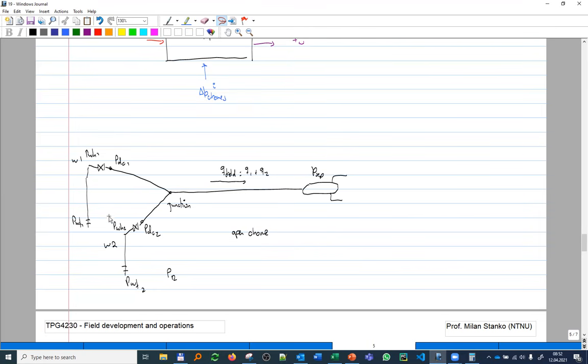So we move from reservoir to bottom hole to wellhead, and with the delta P of the choke given, we calculate the pressure downstream and then the pressure at the junction. And then we're going to repeat our network calculations on this junction, so that the pressure seen from this side, this side, and this side should be the same.